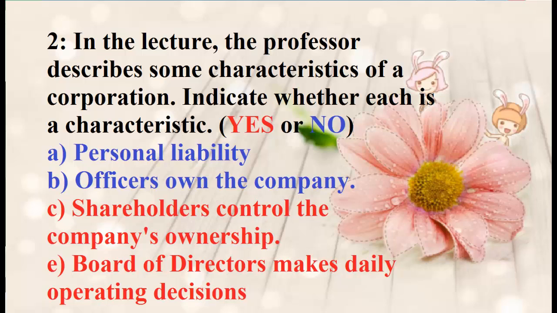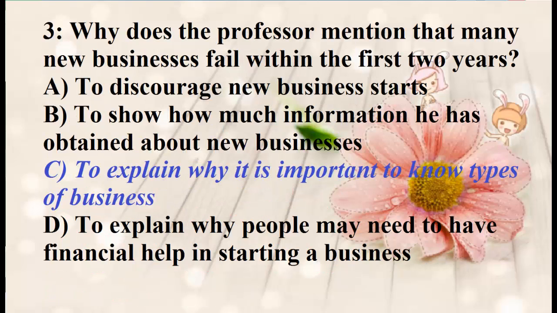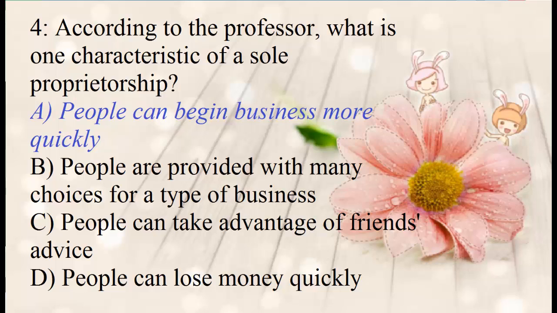Click in the correct box for each statement. Number 3. Why does the professor mention that many new businesses fail within the first 2 years? Number 4. According to the professor, what is one important characteristic of a sole proprietorship?